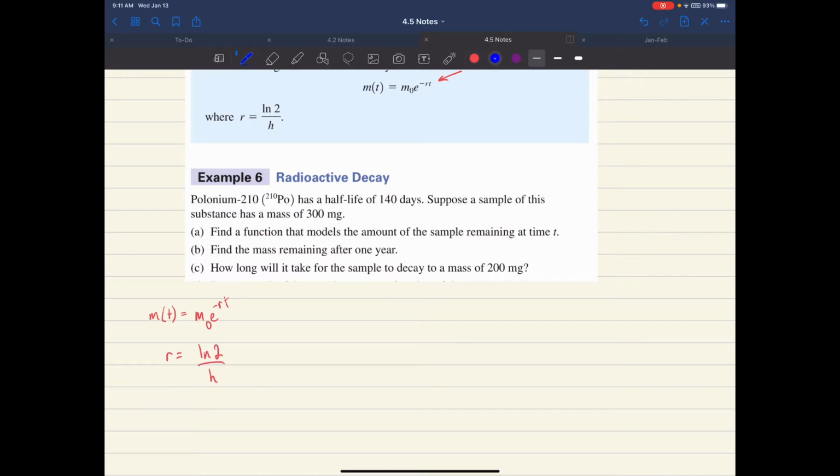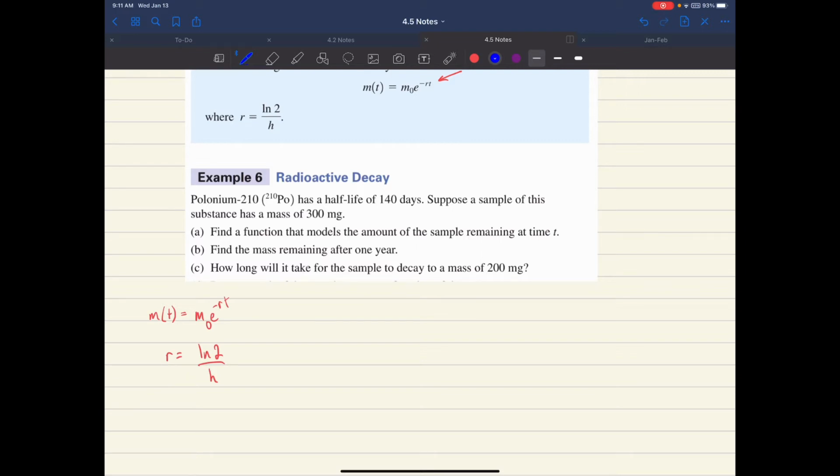Okay, so it says polonium-210 has a half-life of 140 days. Suppose a sample of this substance has a mass of 300 milligrams. Find a function that models the amount of the sample remaining at time t. Okay, so for this one, again, we're using this model.